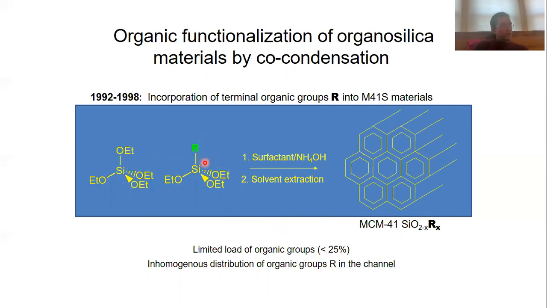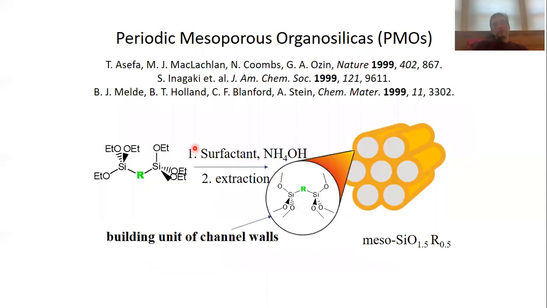However, you can go around this by not using a terminal organic group, but a bridging organic group that bridges two silicon tetrahedral centers.